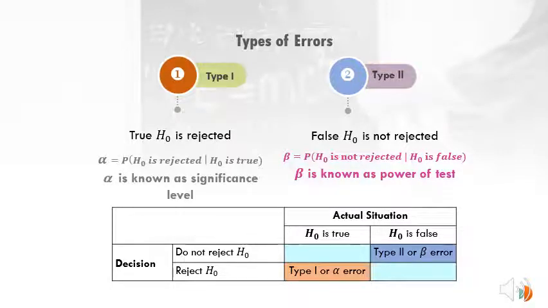This mistake, we call it the type 1 error. Another scenario would be if H0 is false for the actual situation, and we reject H0 as our decision. Therefore, this is not a mistake. But if H0 is false and we do not reject H0, then this would be a mistake, and this mistake we call the type 2 error.